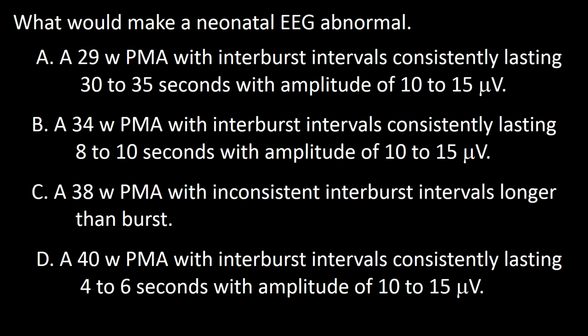C. A 38-week postmenstrual age with inconsistent interburst interval longer than burst. D. A 40-week postmenstrual age neonate with interburst intervals consistently lasting 4 to 6 seconds with amplitude of 10 to 15 microvolts.